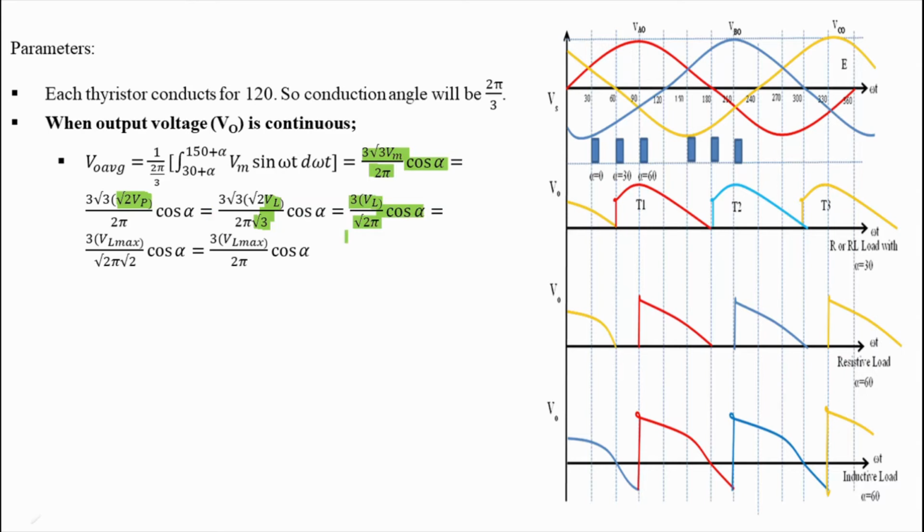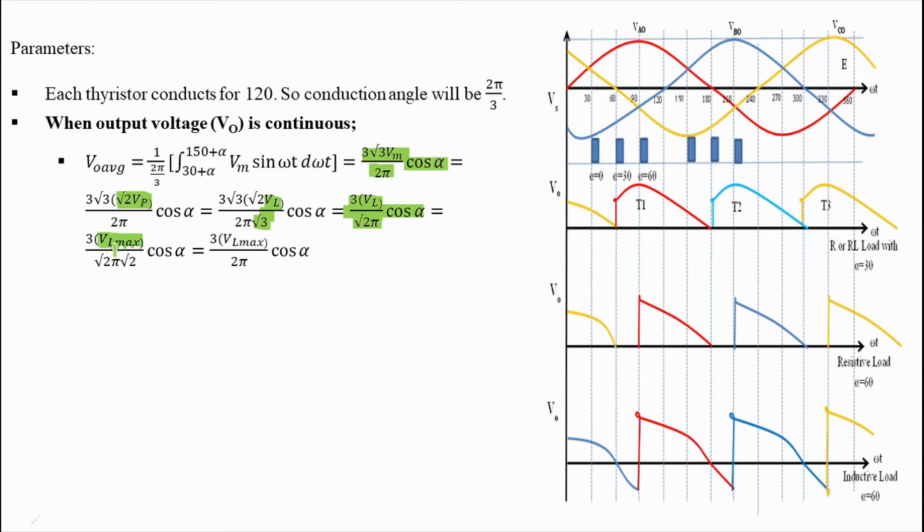So on simplifying we get 3 VL by root 2 pi cos alpha, and here VL is equal to the RMS value of line voltage. If we have to write the expression in terms of maximum line voltage, then we can write VL is equal to VL max by root 2.